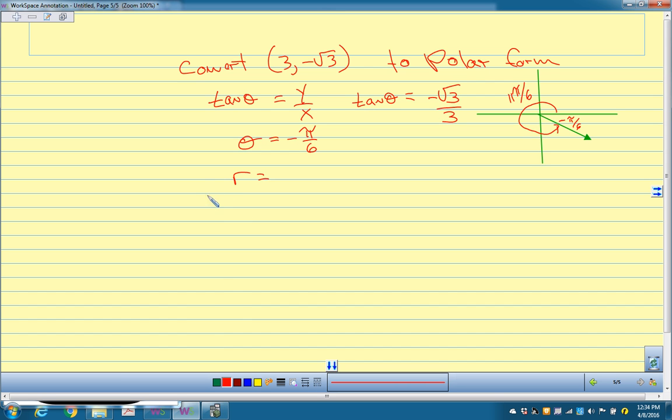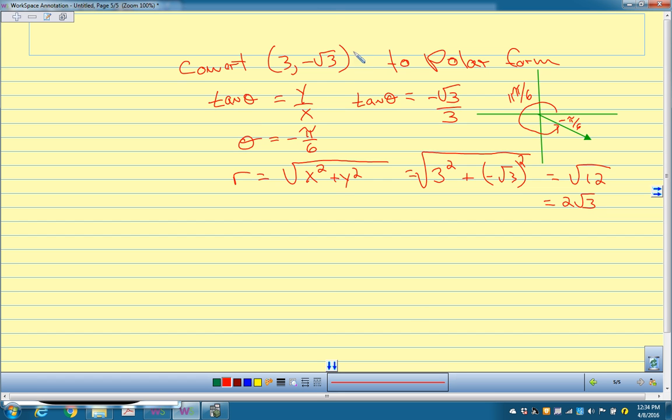You make a triangle. r is equal to the square root of x squared plus y squared, which is equal to the square root of 3 squared plus negative root of 3 squared, which is the square root of 12, which is equal to 2 root 3.